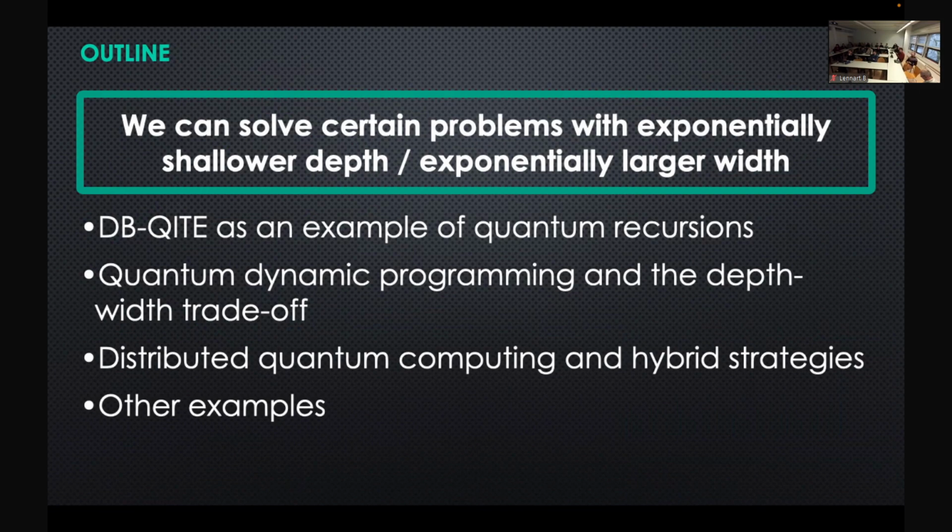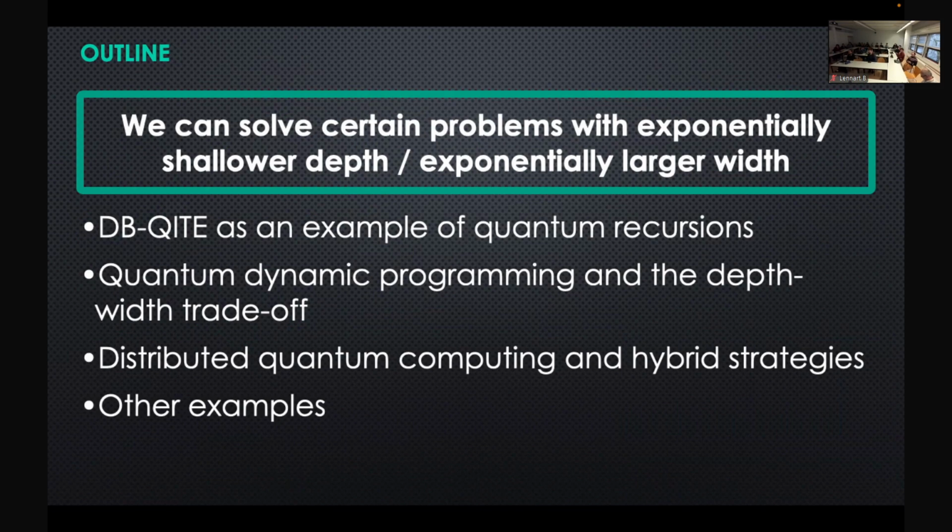I first will introduce what kind of problems we can solve, and we call them quantum recursions. Recently we put a paper on arXiv on quantum imaginary time evolution that can be formed as a quantum recursion. So we will introduce quantum recursion with that algorithm, and then we will show how to do this with exponentially shallow depths and exponentially larger widths using quantum dynamic programming.